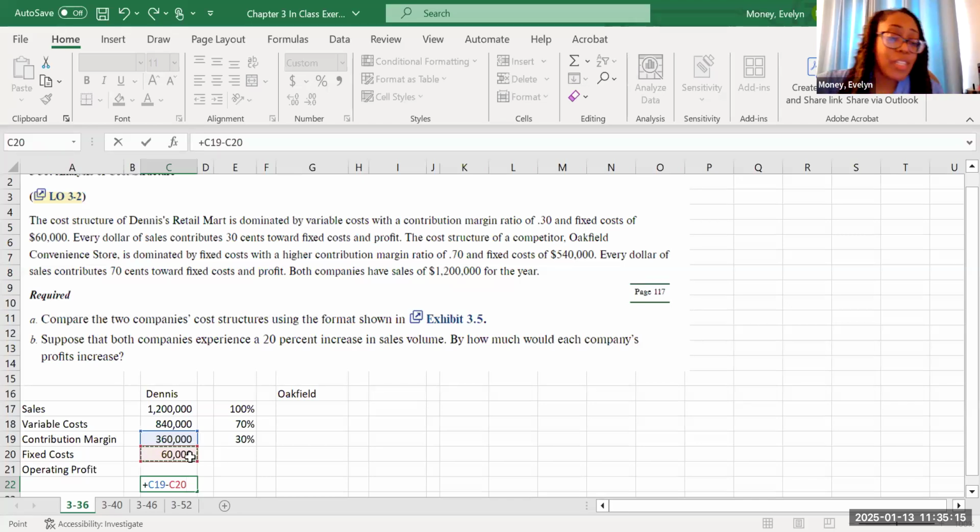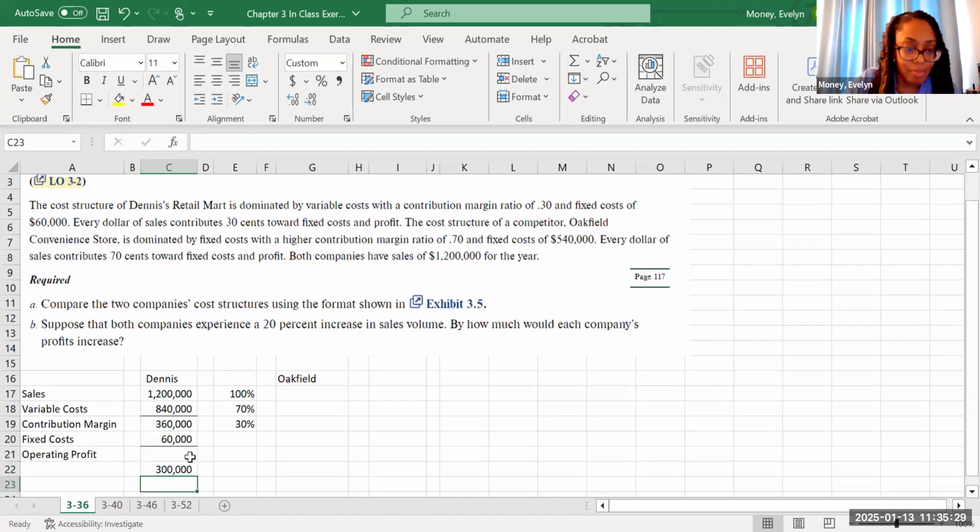When we get to the percentages part here, remember that everything is expressed as a percentage of sales. So in theory, this is all going to work out. All right. Oh, I put it in the wrong place. Let me move that. There we go.